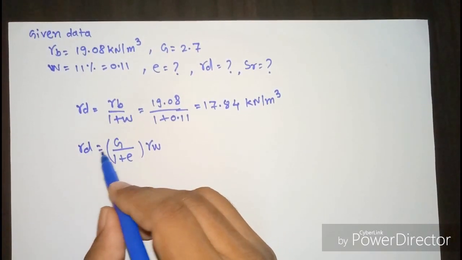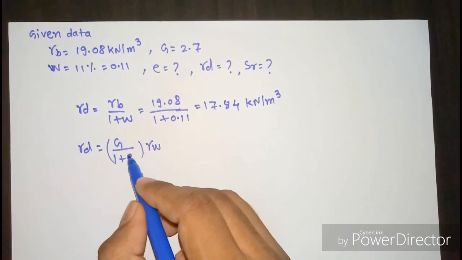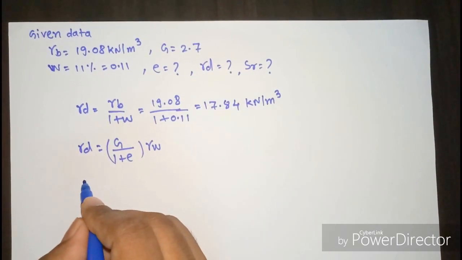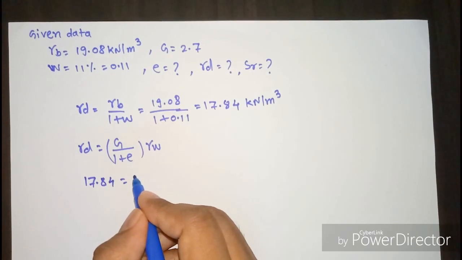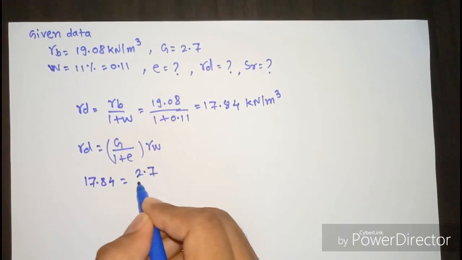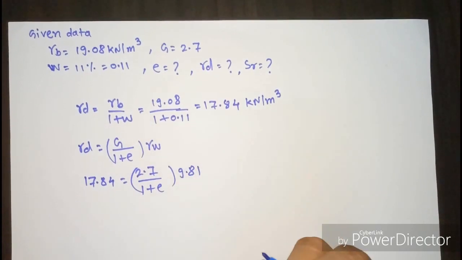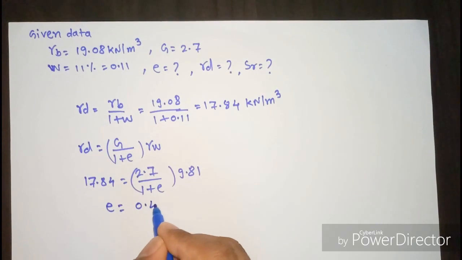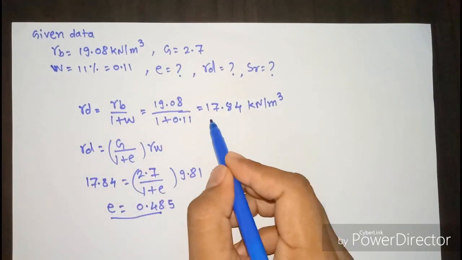We know gamma D, we know specific gravity, we know unit weight of water, so we can calculate void ratio. So gamma D is 17.84 is equal to G, specific gravity is 2.7, upon 1 plus E, we know the unit weight of water 9.81. Now we can get void ratio is 0.485.